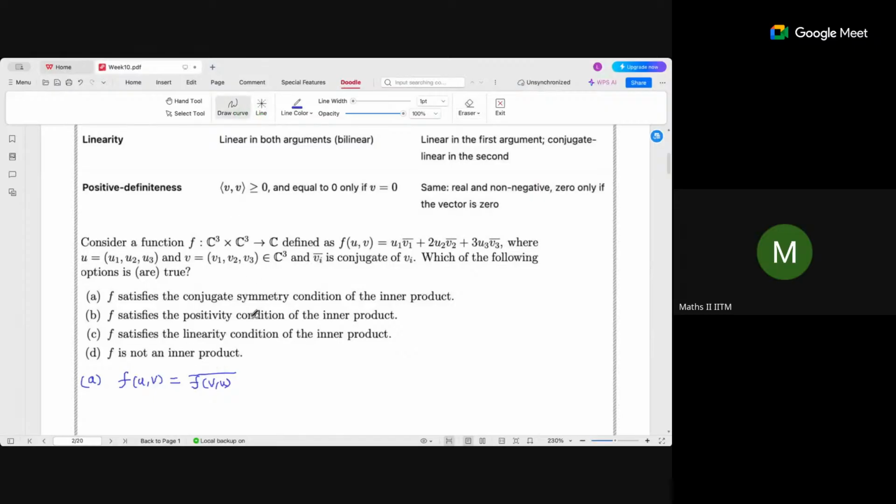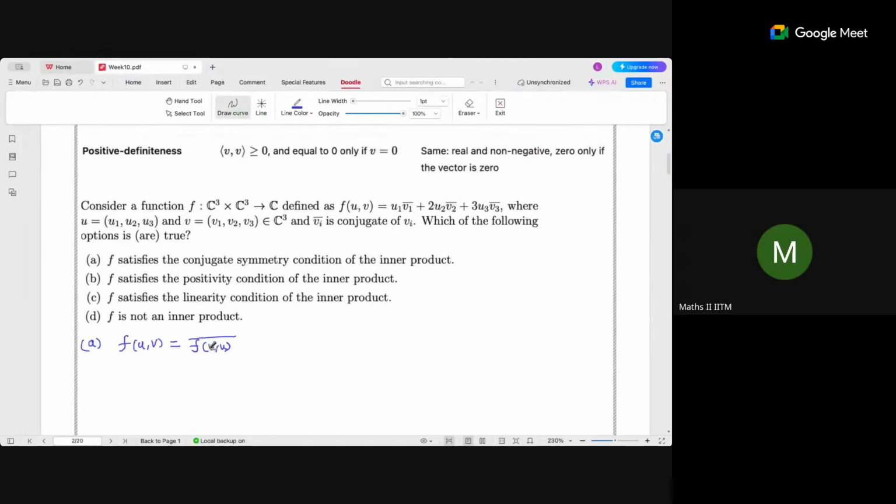How to check that? We first have to calculate f of v comma u. According to this formula, in place of u you have v, and in place of v you have u.